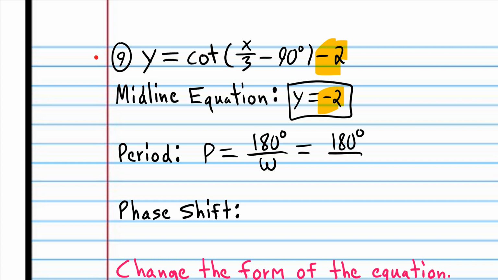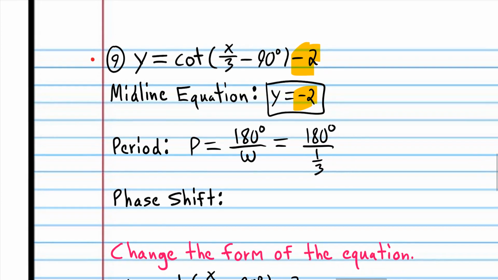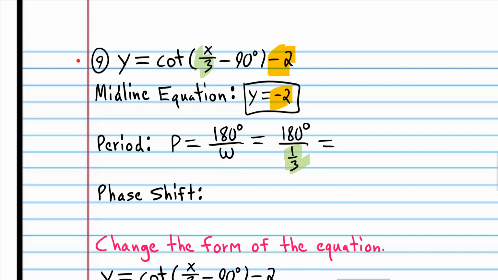So omega is 1/3 in this case. I got that from here. So dividing by 1/3 is the same as multiplying by 3. And then we get 540 degrees for the period.